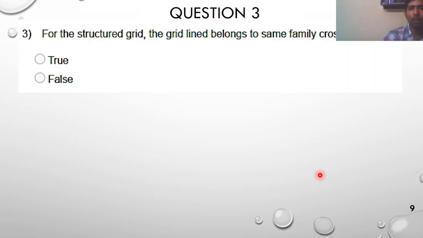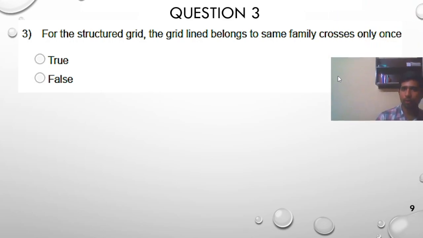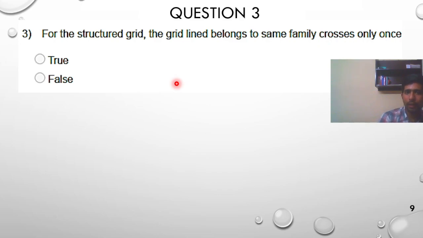Let us see the third question. Just read this carefully. For a structured grid, the grid lines which belong to the same family cross only once. What should be the answer for this?